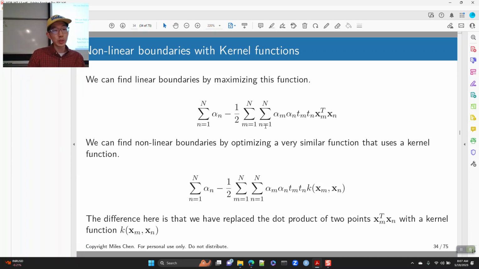So we have 1 through n and 1 through n, and we take the inner product between point 1 and point 1, point 1 and point 2, point 1 and point 3, all the way through n. Then point 2 to point 1, point 2 to point 2, and all the way through n. We go all the way up to the last one, n with 1, n with 2, n to 3, and n to n. And so you have this big n by n matrix of all of these inner products, or x transpose x business.